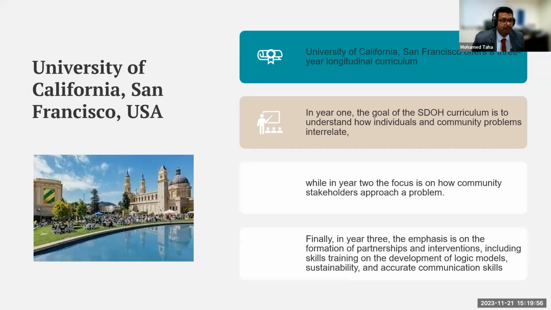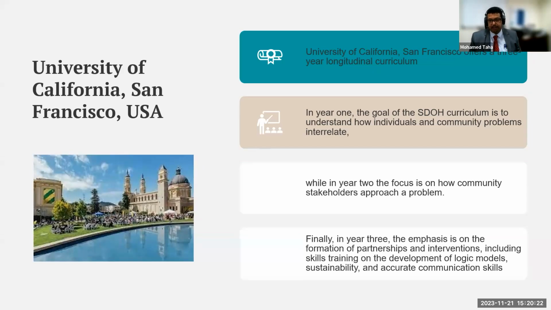From the US, University of California, San Francisco, provides a 3-year longitudinal curriculum. In year 1, the goal of social determinants of health is to understand how individuals and communities bear problems, and how they are interrelated with each other. They design their curriculum in a way that addresses these important goals.